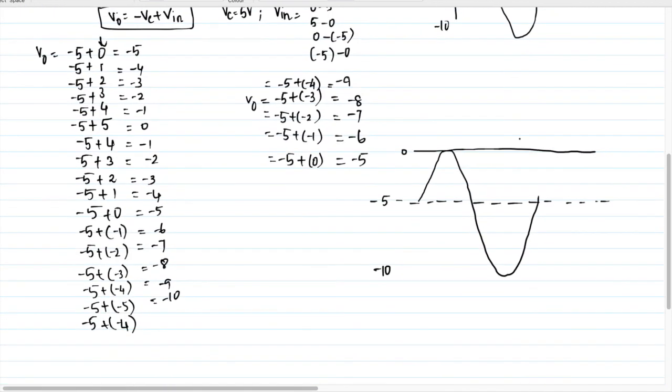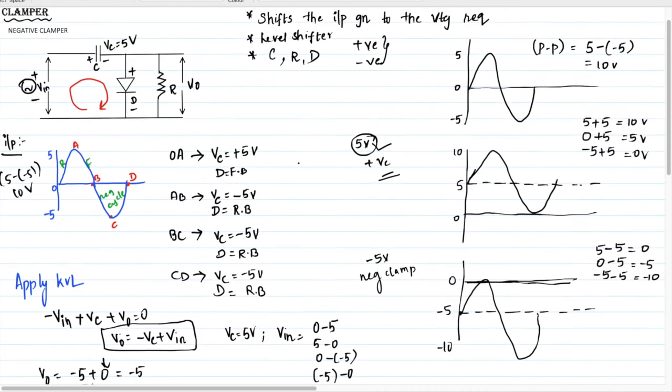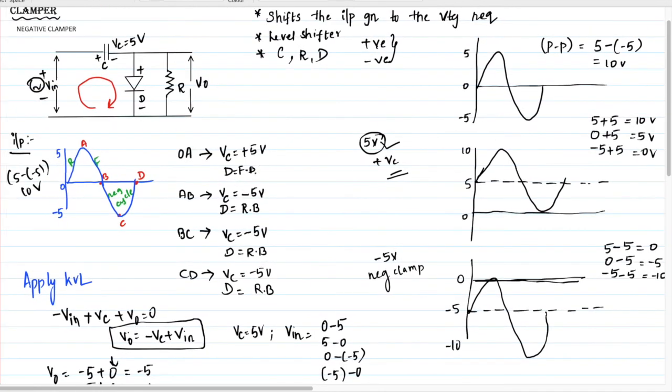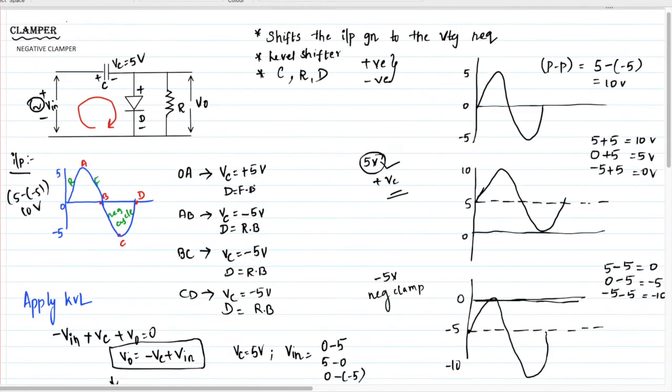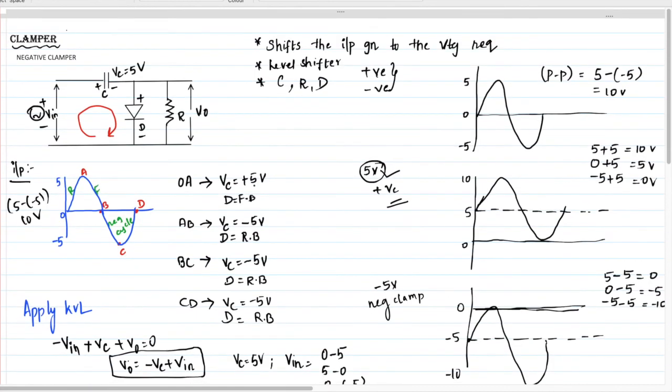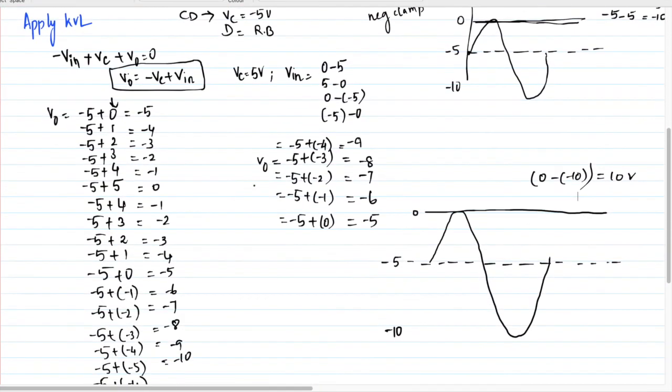Here also positive peak, that is 0, minus negative peak, 10 volt. So the peak to peak voltage is matched and the signal is also shifted by -5 volt. So this is how you will calculate the negative clamper's output. Just calculate the KVL and then apply the input values with the capacitor voltage value. Hope everyone understood.